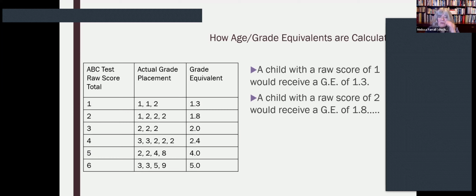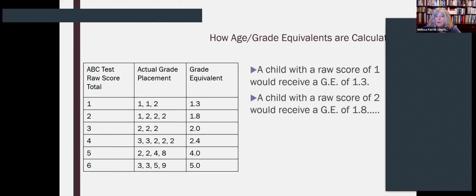Every once in a while you get researchers too, who will report grade equivalence in addition to their other statistics, and they can look really awful. And one other thing, let me just say to you that within any particular actual classroom placement, you're going to have several years of variation in the grade equivalence.